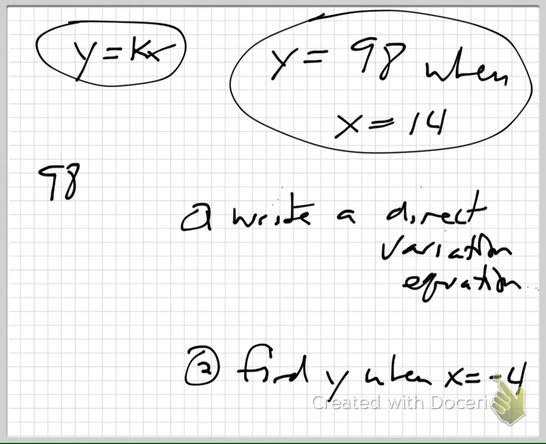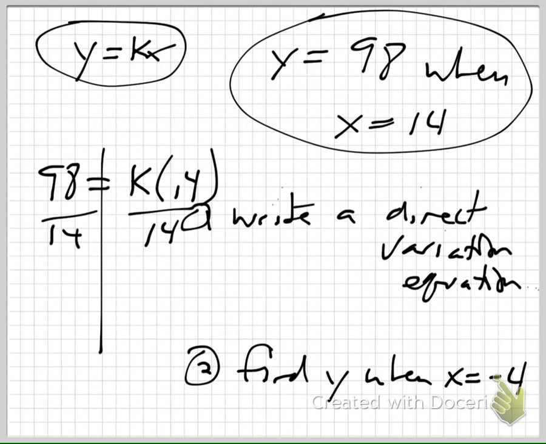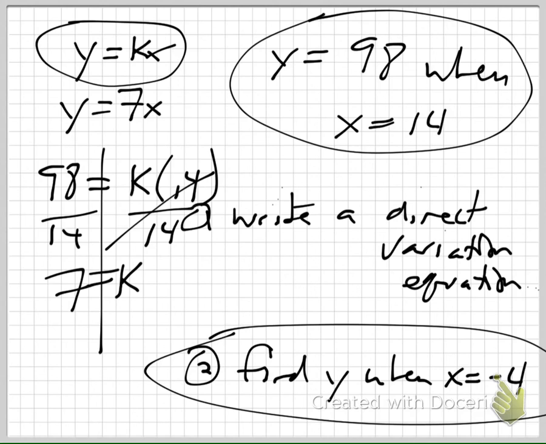So you would go 98 equals k times 14. Solve for k. Divide by 14, divide by 14. k equals 7. Rewrite it now, y equals 7x. And then you plug in what you know to figure out what you don't know. Okay? All right. I think you guys are ready to do your homework here.